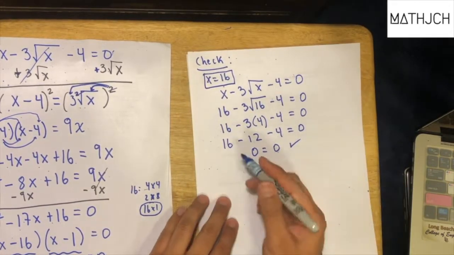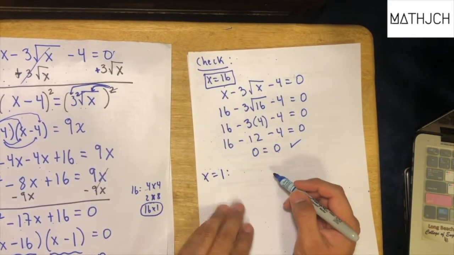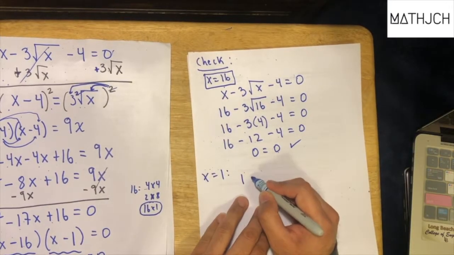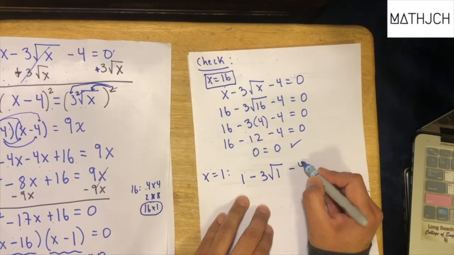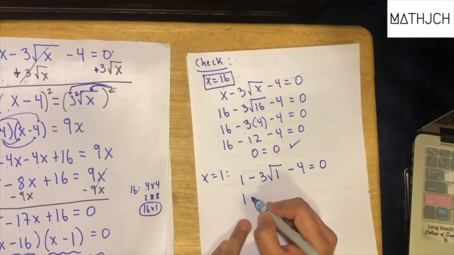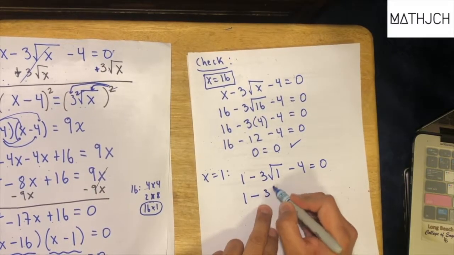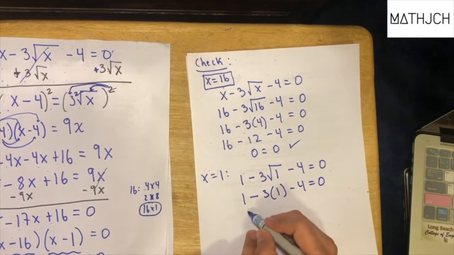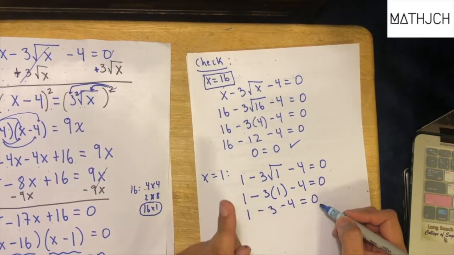Let's try to check now x equals 1. Let's plug in 1 into the original equation. So we have 1 minus 3 times square root of 1 minus 4 equals 0. Well, the square root of 1 is just 1. So we have 1 minus 3 minus 4. Oops, look at here.